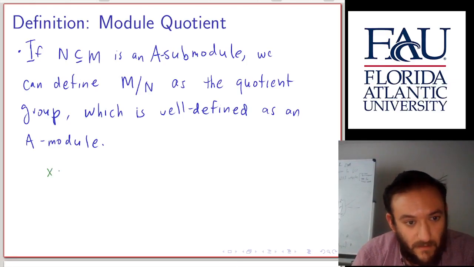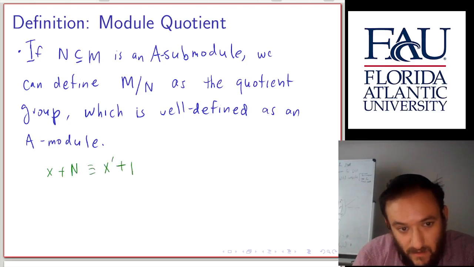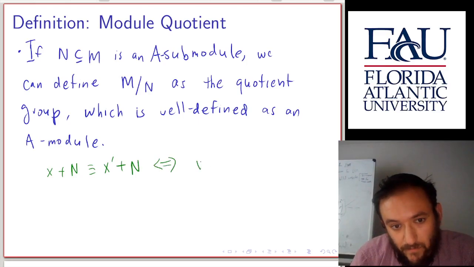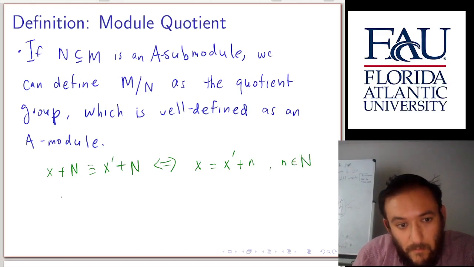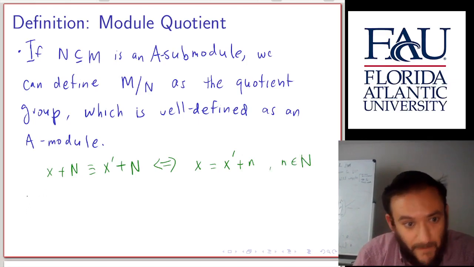so that means, let's say we have x plus N is equivalent to x prime plus N, that means that x is equal to x prime plus some element of that submodule. But when we multiply by an element of A, AX will be equal to AX prime plus AN.